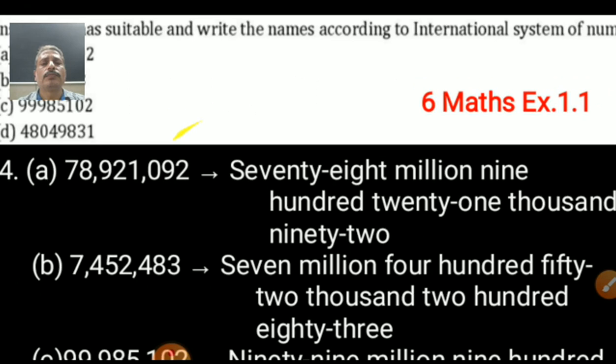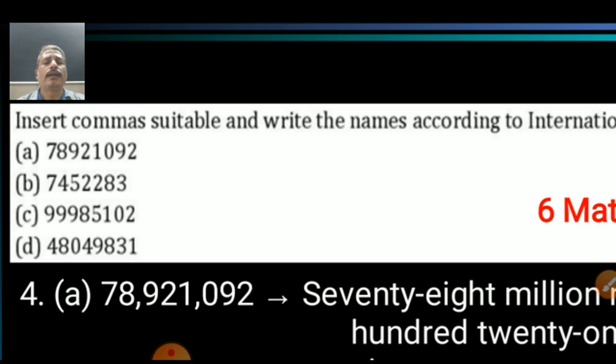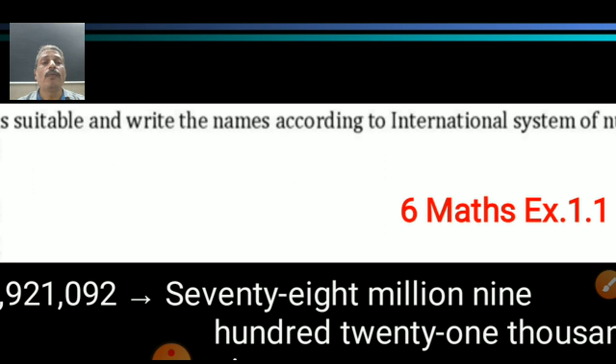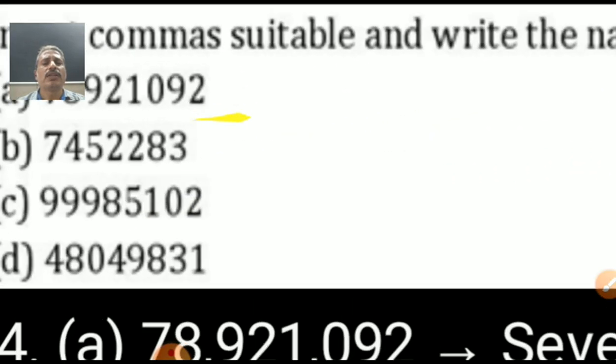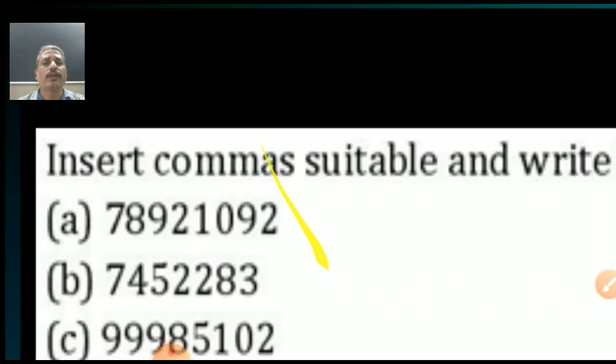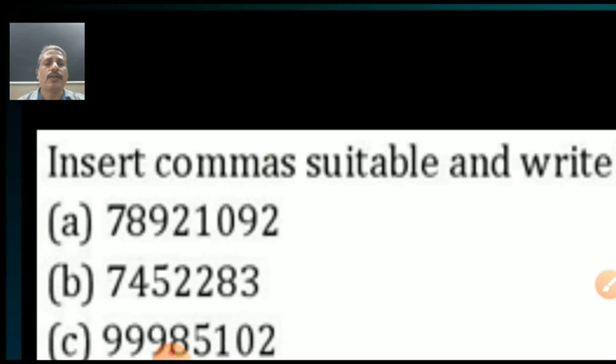Question number 4. Write or insert commas suitable and write the names according to the international system of numeration. Very simple. First number is written here. 7892192.